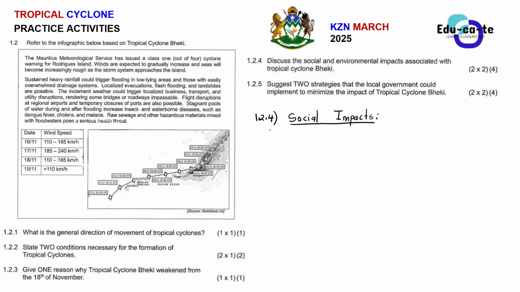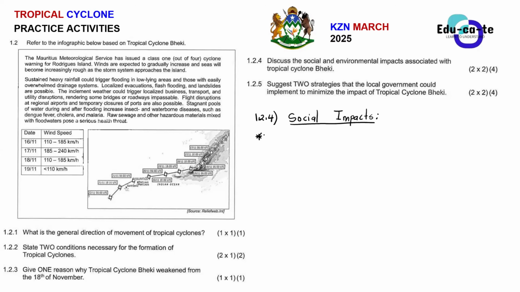So when I talk about the social impacts here, we are looking at the impacts felt by humans, something that has affected us as humans. What about environmental? What are we talking about when we say environmental impact? When we talk about environmental, we talk about the natural things like plants, soil, natural infrastructure. Exactly, we're talking about the natural environment.